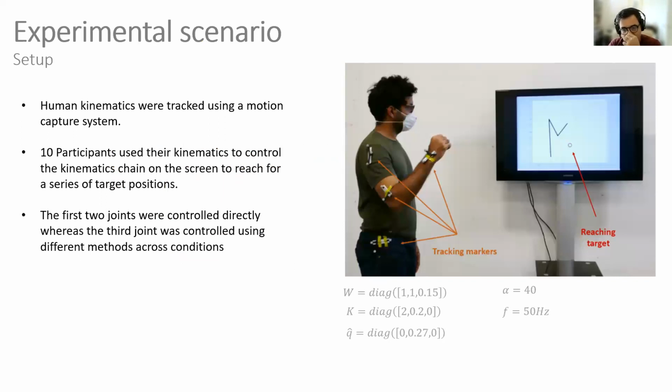So I tested this on participants, on human subjects. I designed a game where I track the subject's movement. I picked this point to really create the same three-joint planar robot, which we see on the screen. So I tracked the human kinematic behavior, and I showed them a goal to reach on the screen. But the third joint, I controlled in different ways.